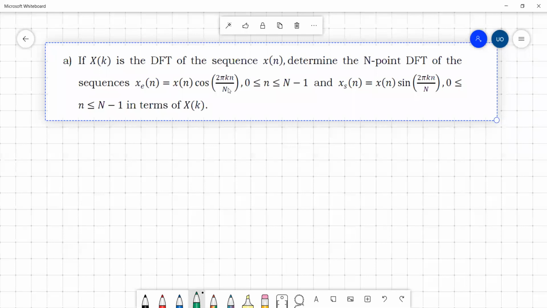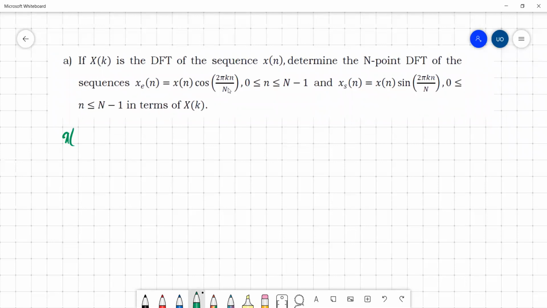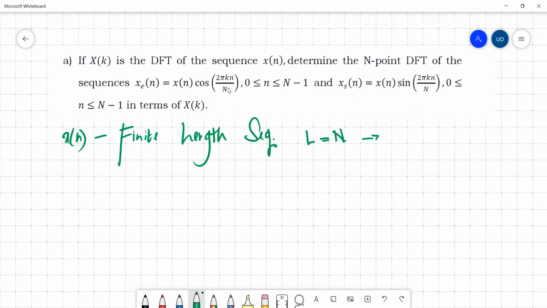The information we have is that x of n is a finite sequence, a finite length sequence. The sequence length is capital N, and the discrete Fourier transform is represented by X of k.